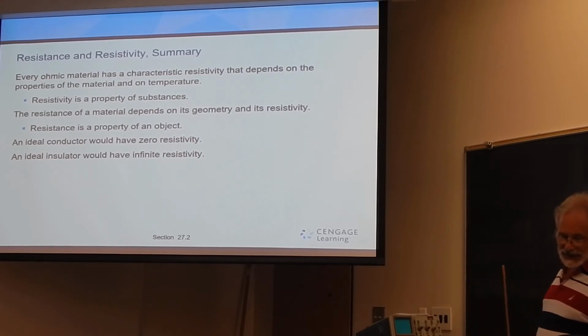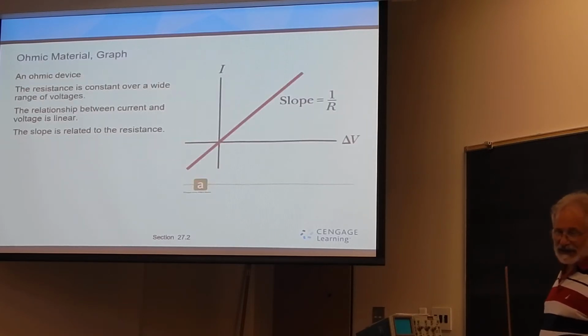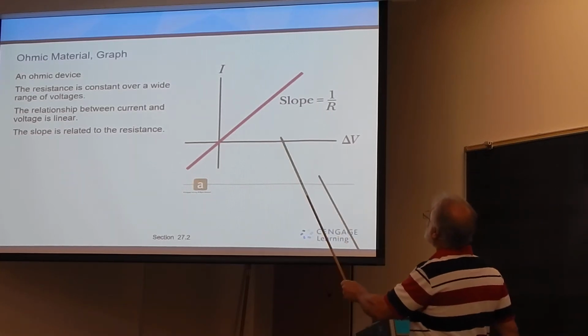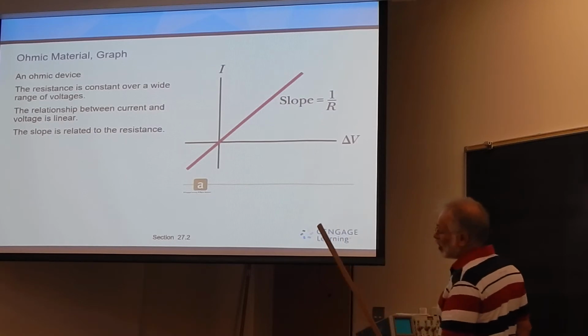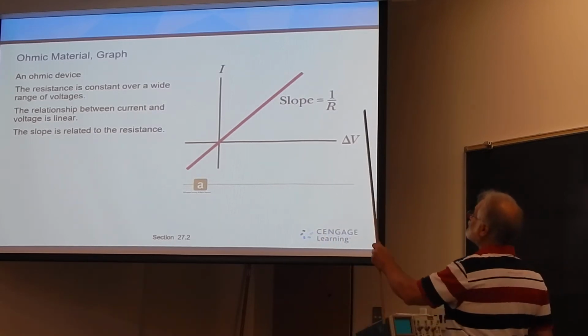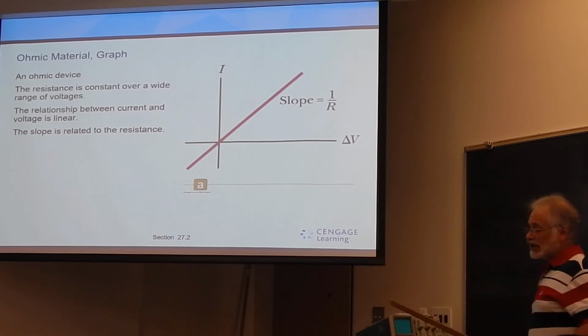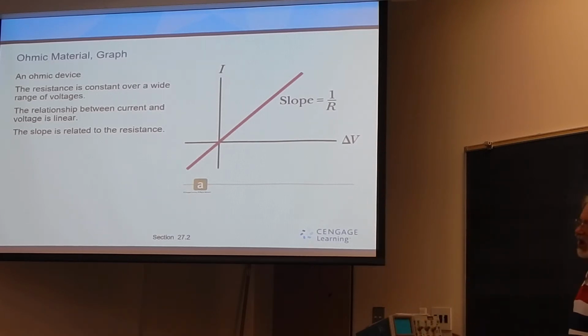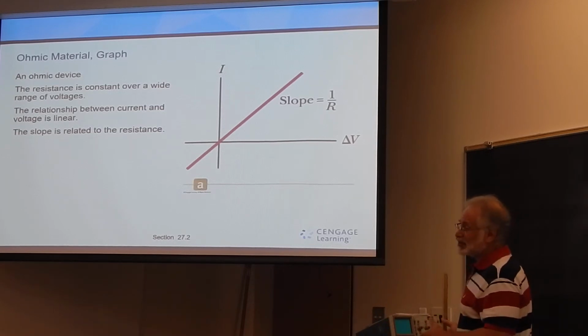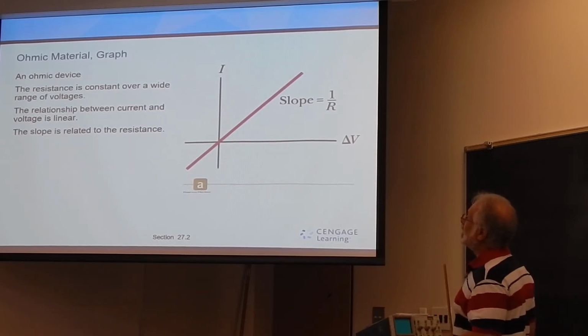If I were to do, and we will do, either a simulated or actual experiment to illustrate Ohm's law, and I were to plot current versus voltage, I would get a linear relationship for an ohmic material such that the slope of this line, if I plot I versus V, would give me 1 over the resistance. Oftentimes I have the students plot V versus I, so I get a slope that's equal to the actual resistance of a resistor.